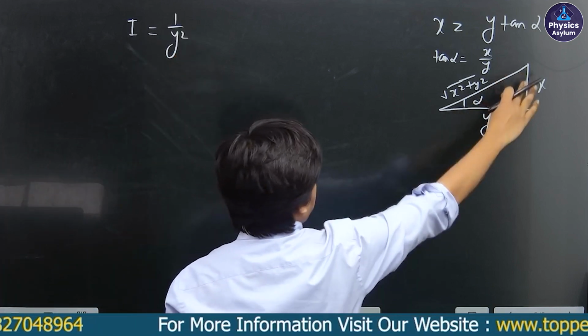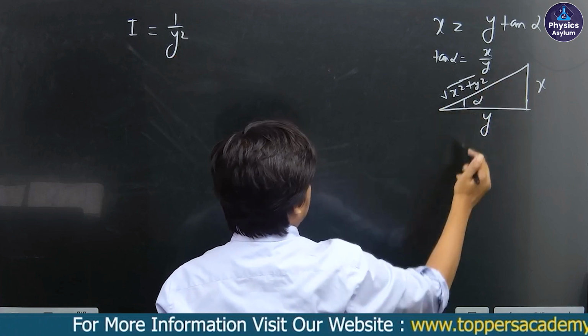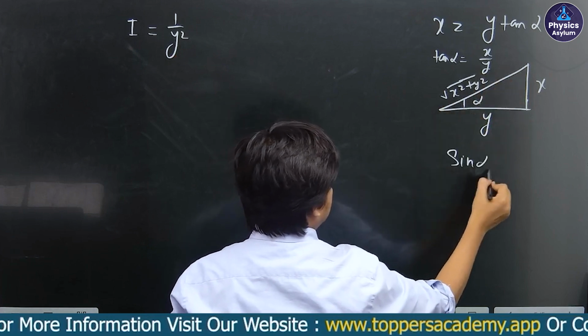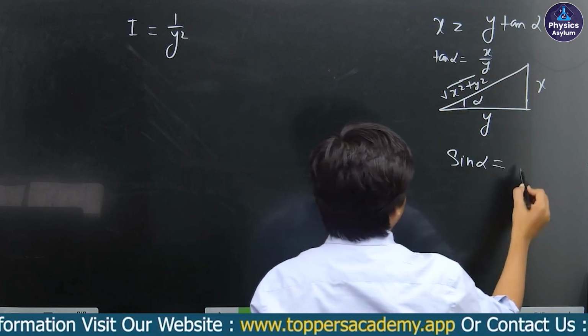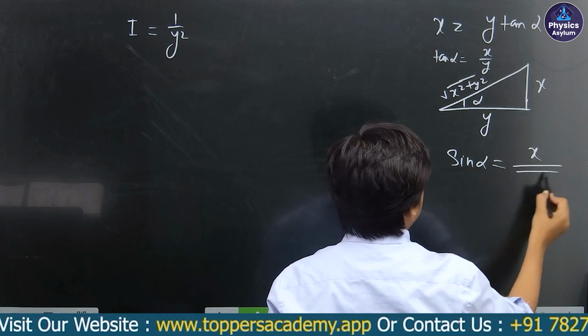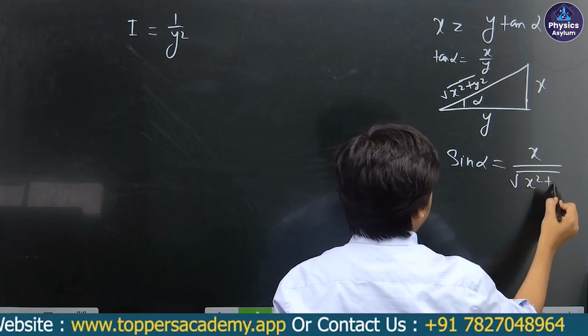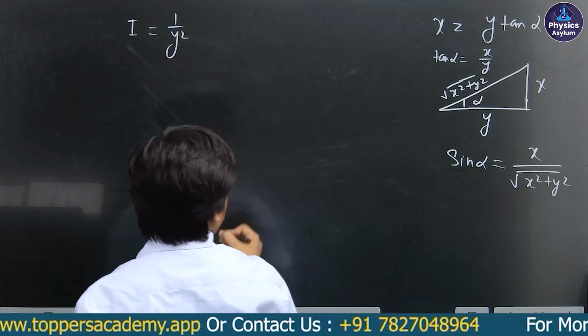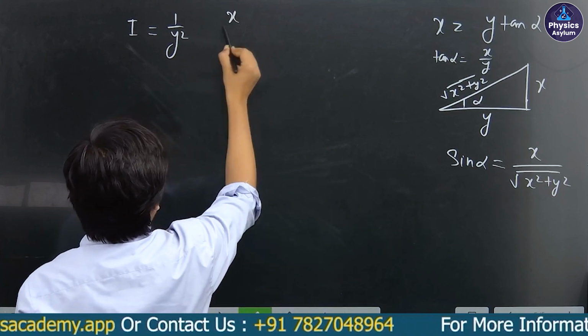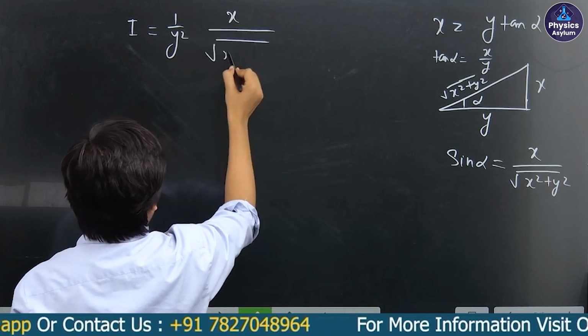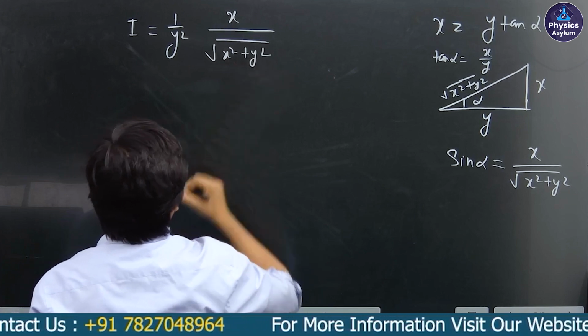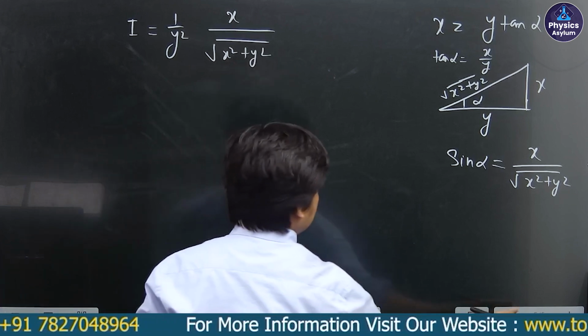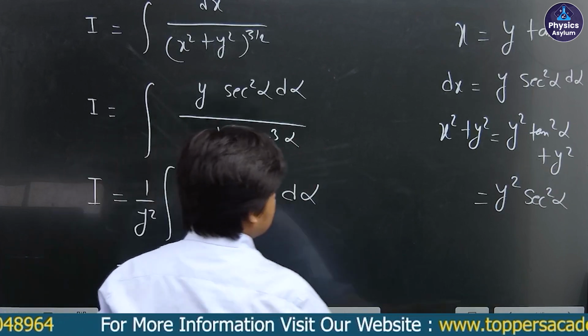From this triangle, sin alpha is x divided by the square root of x squared plus y squared. So the integral is 1 over y squared times x divided by the square root of x squared plus y squared.